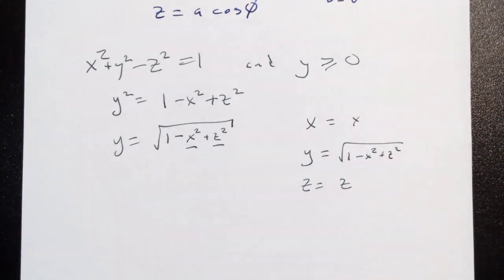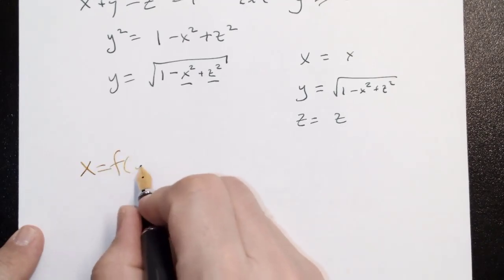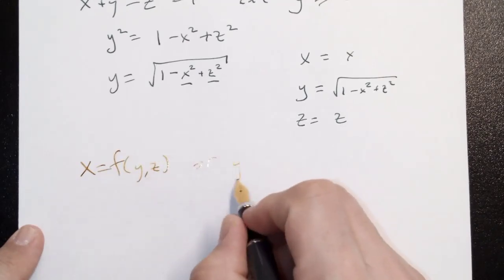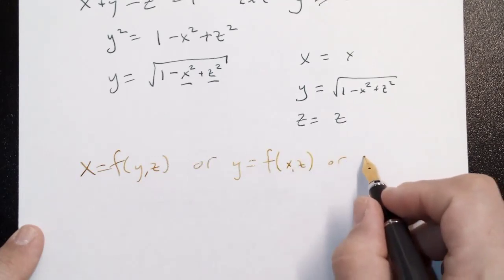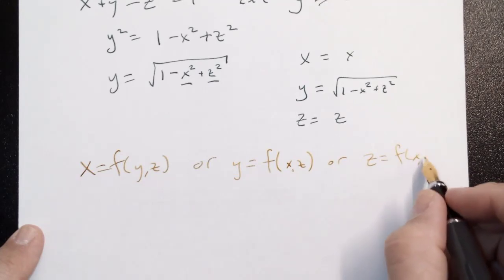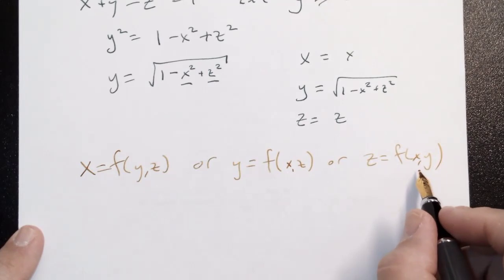Where x and z are the parameters themselves. Instead of using u and v and other letters, I can use the equation itself, which means any surface that is a graph, like the ones we did for all of chapter 14, z equals f of x, y.